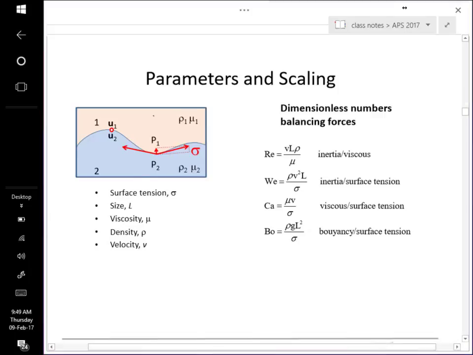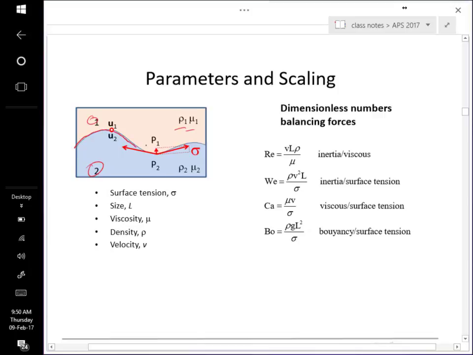So here are two fluids, fluid 1 and fluid 2, and they have different densities and different viscosities. One of the things that will be important is to be able to track the interface between these fluids. When we're interested in small-scale processes, the interface is going to be a critical thing.